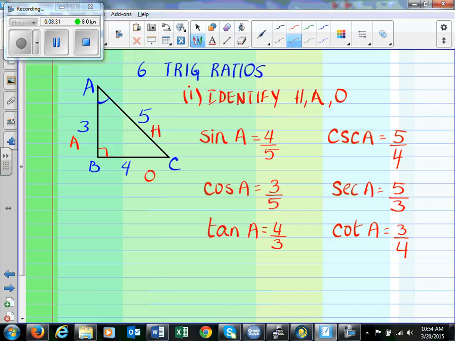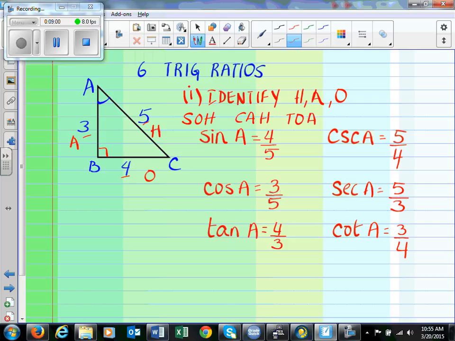This problem is simple because you are given the 3 sides already, the 3 sides being 3, 4, and 5. So opposite over hypotenuse is sine, cosine is adjacent over hypotenuse, and tan is opposite over adjacent.